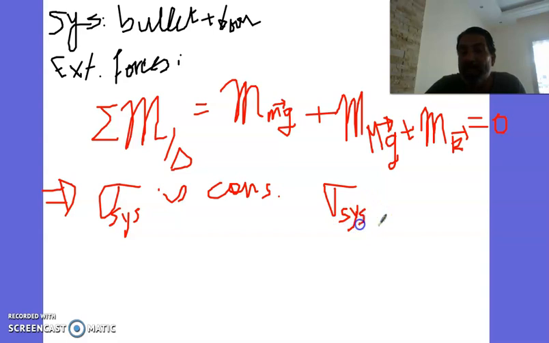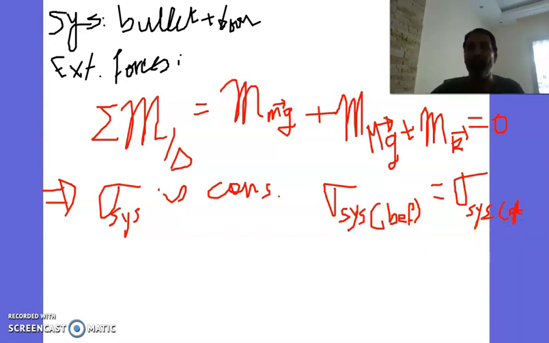What is the initial state here? Before collision. So sigma of the system before collision is equal to sigma of the system after collision. Before collision, our system consists of two objects, the bullet and the door.